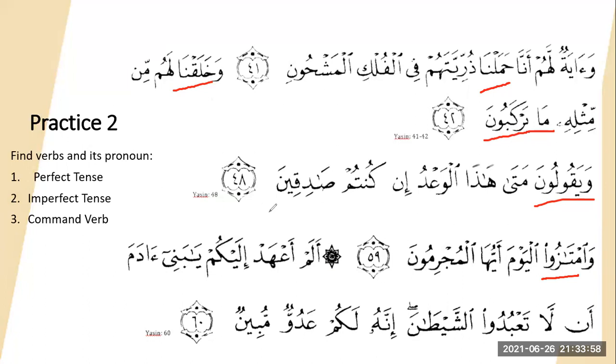You see, like here, "ihad" is a command verb. If "ahad", the hamza has a fathah. Okay.